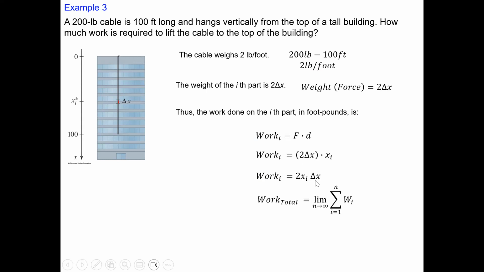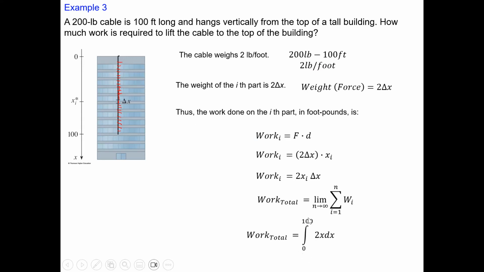This is the work done by one small part of the cable. The total will be adding all of these delta x's, and we want them infinitely small, then the approximation is good. The limit of the sum is just the integral.